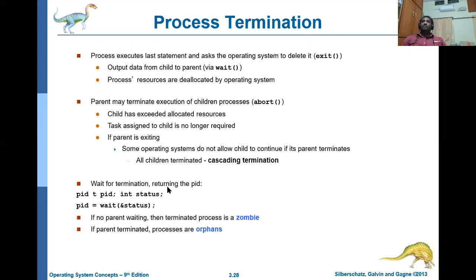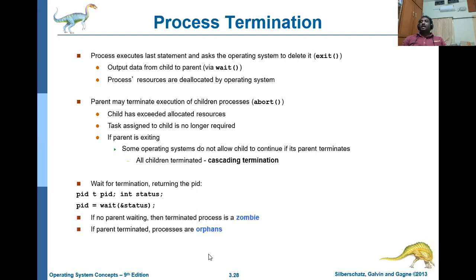Waiting for termination returns the process ID. That is, when the termination happens, it has to return the process ID. If no parent is waiting, the terminated process is a zombie. Zombie means it is closed. If the parent terminated, the processes are orphans.